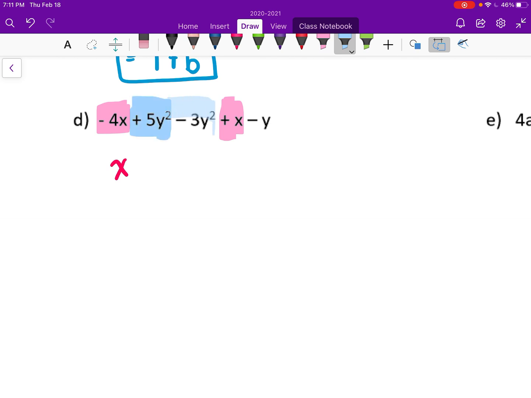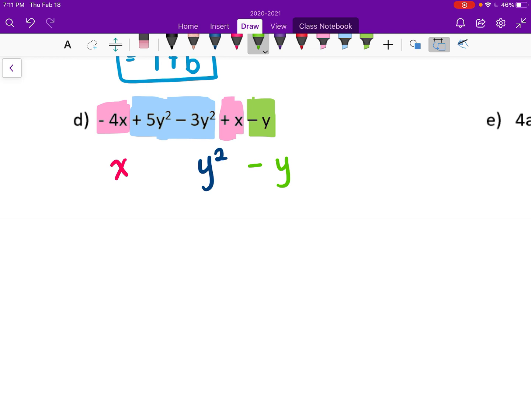There's a y squared, there's another y squared right here. That's a y, so I'm not going to put that in. So I know I'm going to have something y squared. And then I'm going to look and be like, all right, what's my last one? Just a negative y, so I'm going to have something y. Okay? Since it's just negative y, I'm going to just leave it in as negative y. I'm not collecting it with anything.